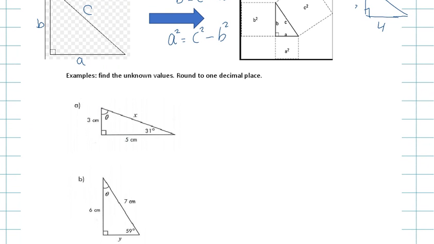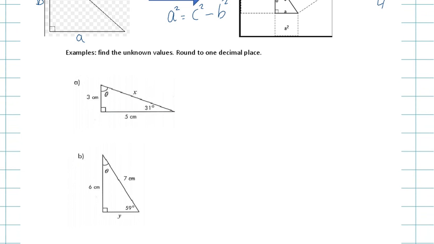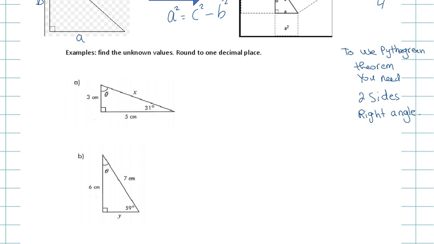To use the Pythagorean theorem, you need a right angle, 2 sides, and you're looking for the third side.